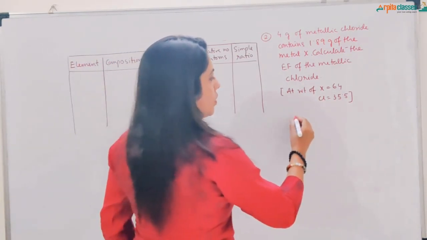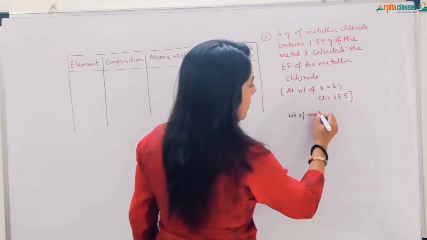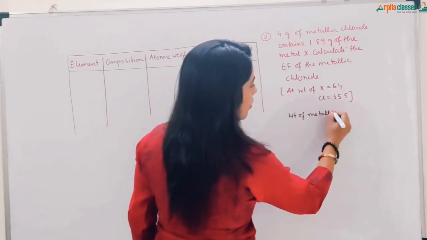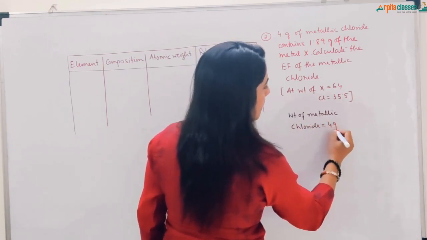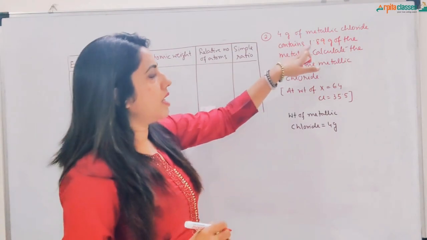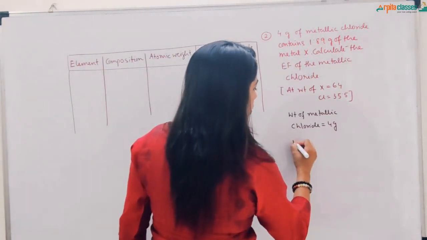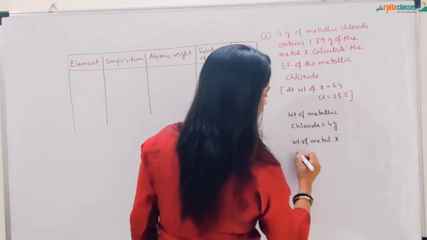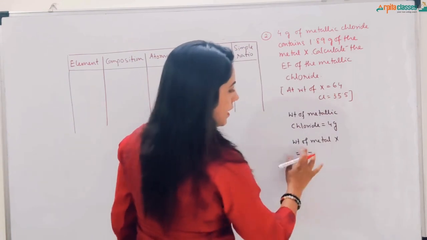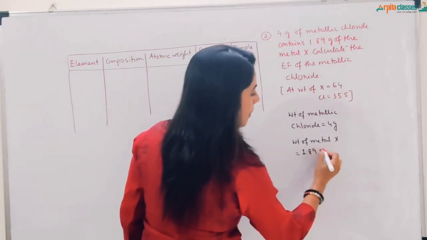So here, the total weight of metallic chloride is given, 4 gram. It contains 1.89 gram of the metal. So weight of metal X is 1.89 gram.